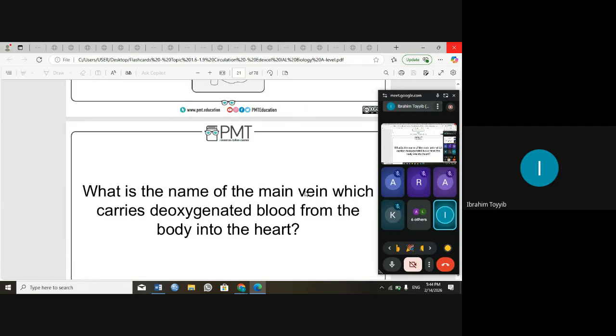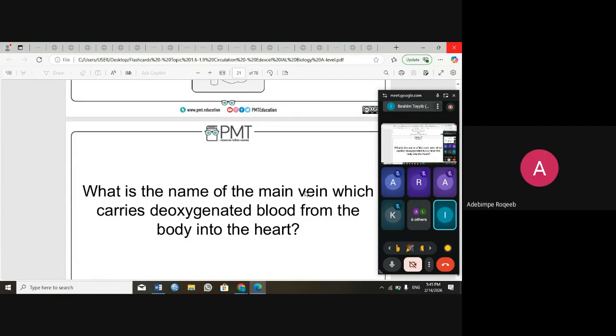Someone is thumbing down. Okay, what is the name of the main vein which carries deoxygenated blood from the body into the heart? Think. What is the name of the main vein?